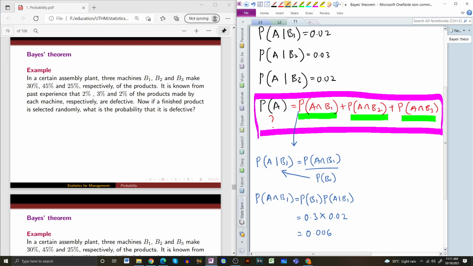So I give you some time now. Find me what is this, and find me what is this. Use the similar method, find me the other two things.